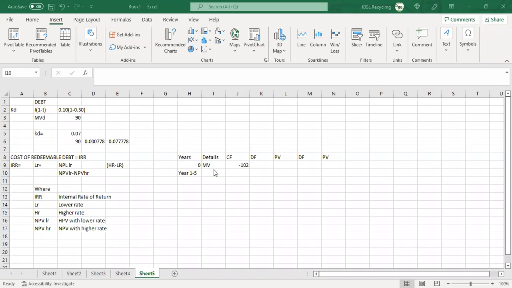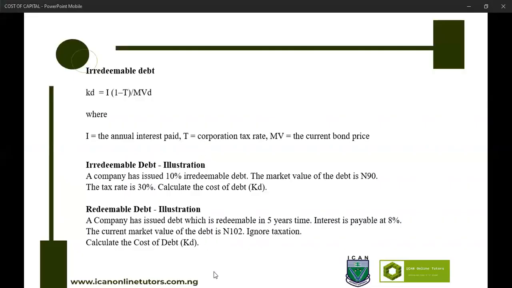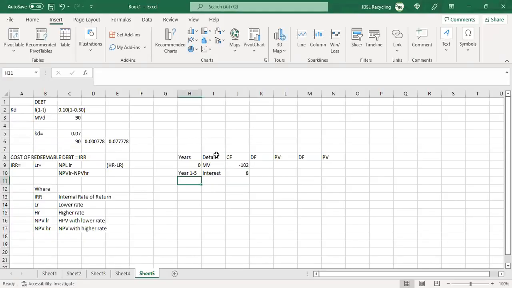So year 1 to 5 will represent our interest net of tax, and our interest rate given in this question is 8%. And we have year 5, which will be our redemption.